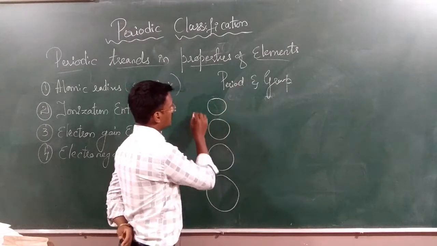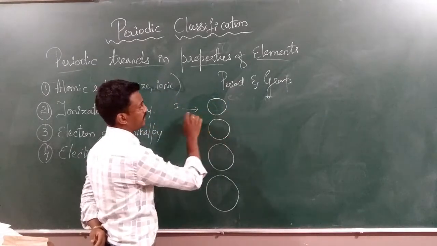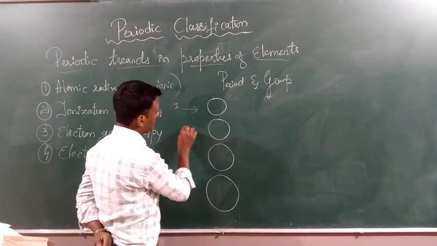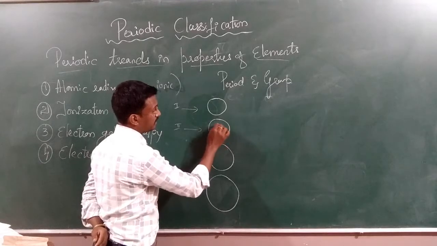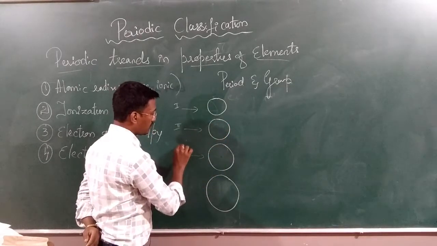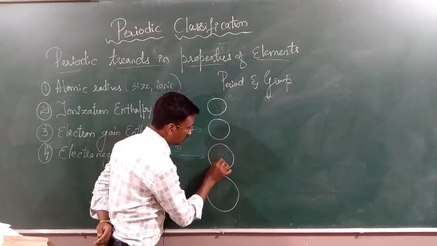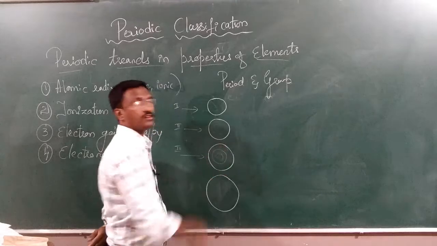Why does it increase? Look here, period-wise, the first period has only one shell. The second period has two shells, one present at the inner and a second shell. In the third period, the electrons are filling in the third shell, meaning initially the first shell is filled, then the second shell is also filled, and electrons are filling in the third shell.